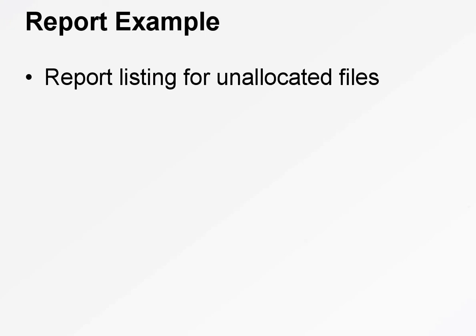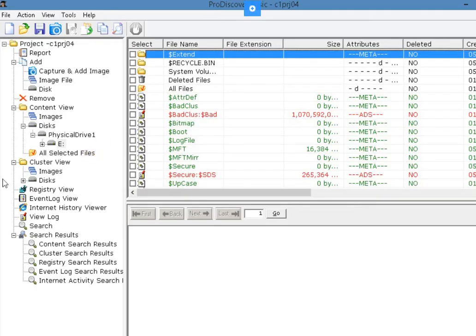Okay, so reports are key to any investigation and are a very important part of the process for confirming the actions that took place during an investigation. So now we will create a report listing all the unallocated or deleted files ProDiscover finds.